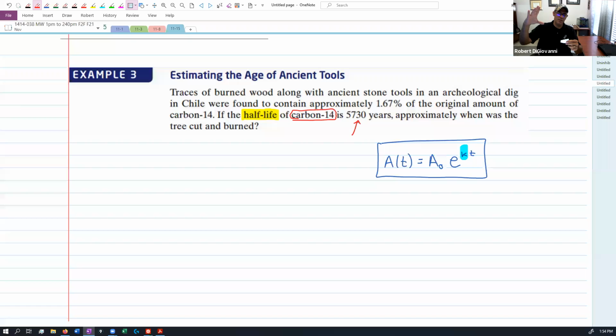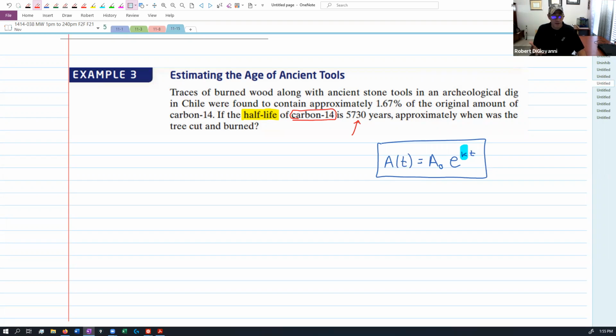What I need to know is how long it took to cut it down to this size. Each time we cut it in half, it took 5,730 years. So it's kind of working backwards. We start from the small square and try to get back to how long it took to get to the big square. So carbon-14's half-life is 5,730 years.